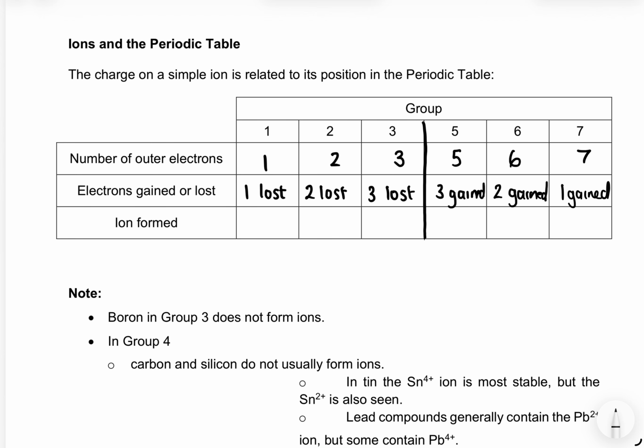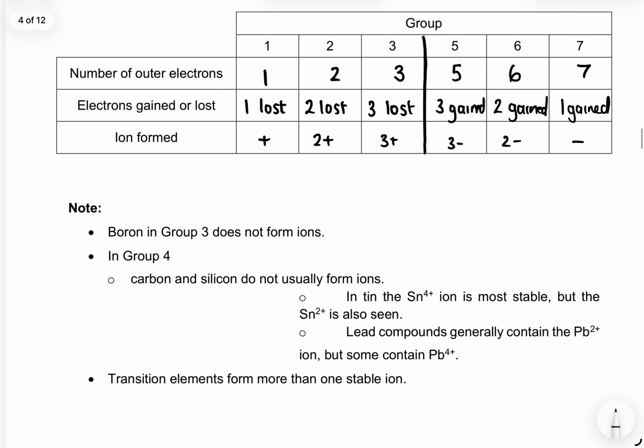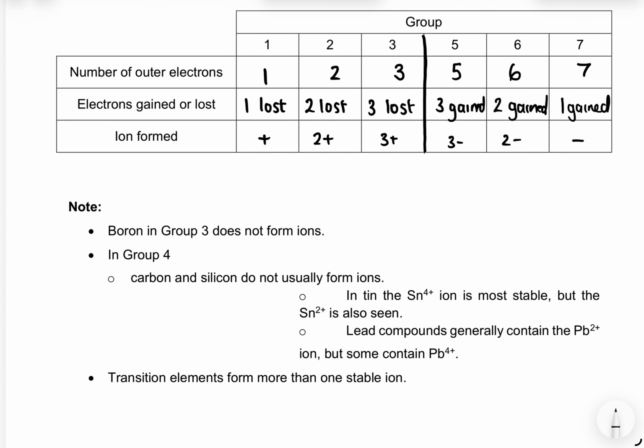And so we form a 1 plus ion with group 1, a 2 plus with group 2, 3 plus with group 3, 3 minus with group 5, 2 minus with group 6, and just minus like a chloride ion. Boron in group 3 doesn't usually form ions, it usually forms covalent compounds because it is a non-metal in group 3.